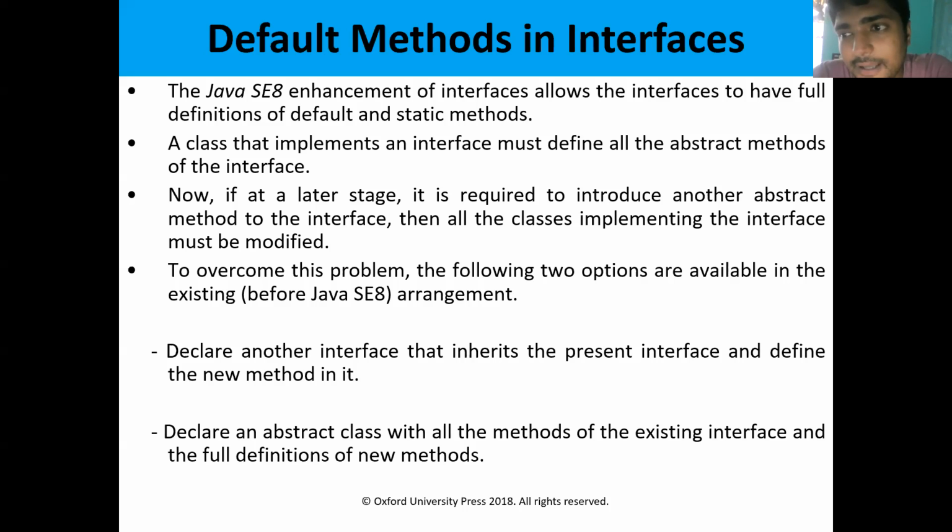Those methods are known as abstract methods. So in interfaces, we define either constant values or abstract methods. In the latest versions of Java, the JVM supports the concept of default methods as well as static methods.